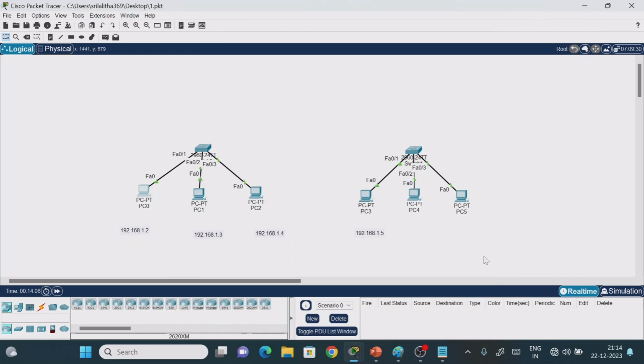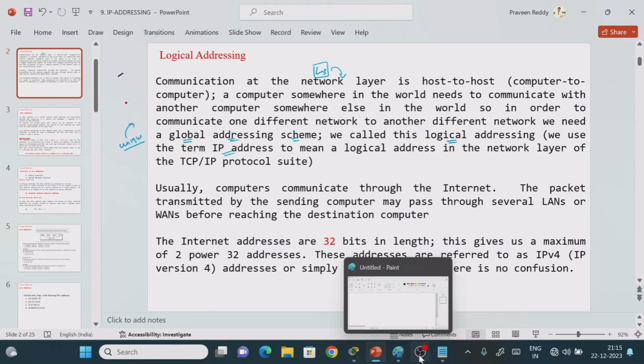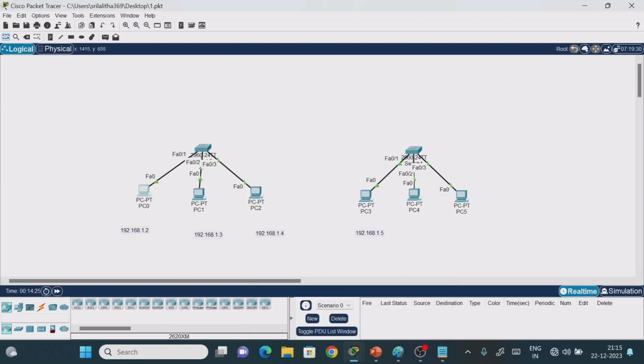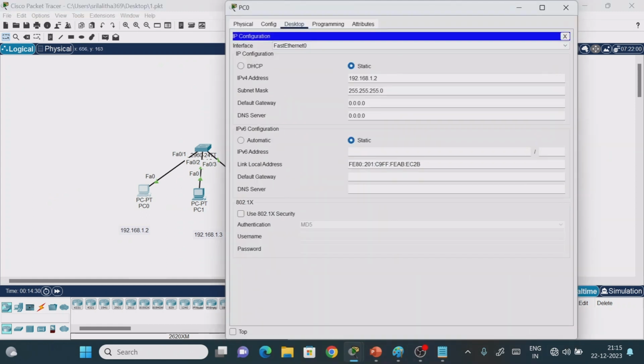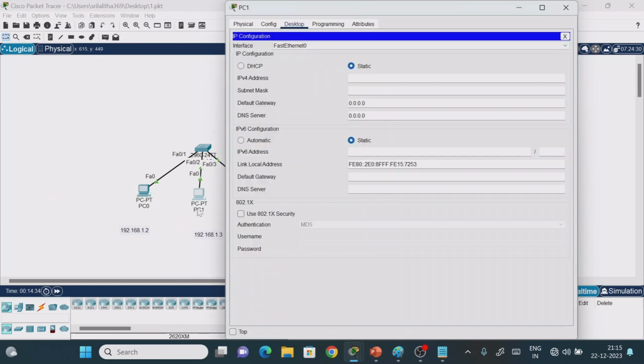Then one more important point to remember is that an IP address is globally unique. It means that one assigned IP address cannot be used for any other device in the network, right? So that is why all IP addresses are unique. Now, to understand the meaning of the unique mechanism, suppose the IP address I gave here is 192.168.1.2, right? Suppose I try to give the same here also, on this second machine.